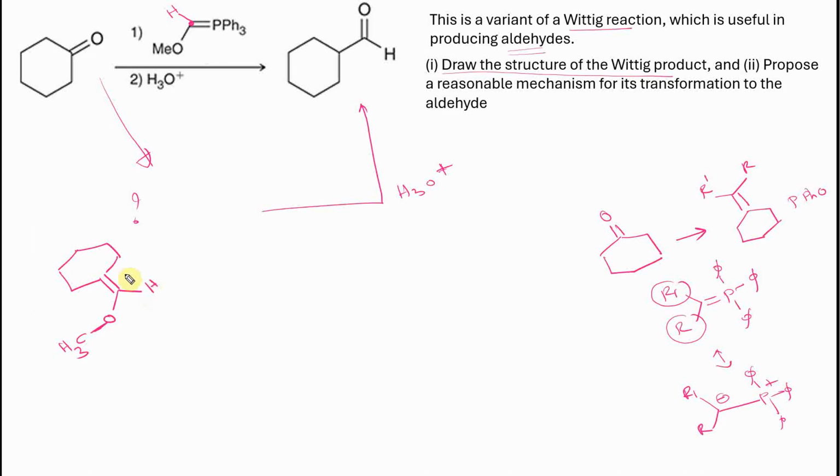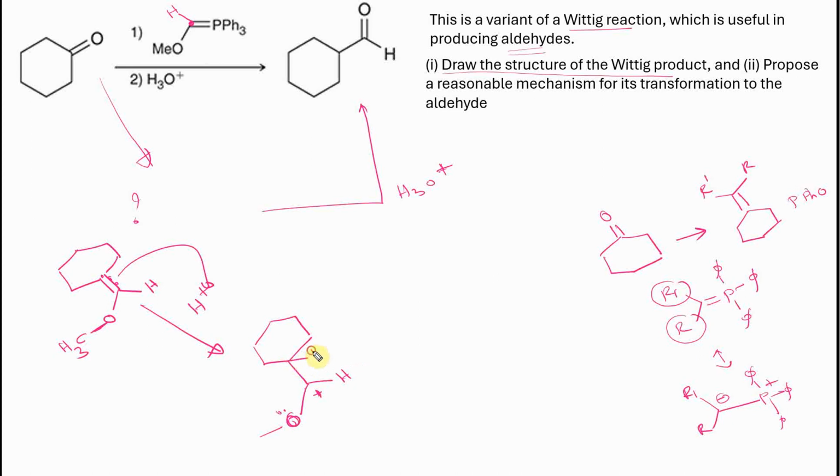Now we are going to see how you can convert this alkene product to the aldehyde product here. When you treat this with acid and water, you are going to add a proton across the double bond, and the electrons are donated to the proton. The hydrogen can either go to that carbon over there or it can go to that carbon over there, but getting a positive charge on the carbon with the alkoxy group is going to be more favorable because of the assistance from the conjugatable lone pair from the oxygen.